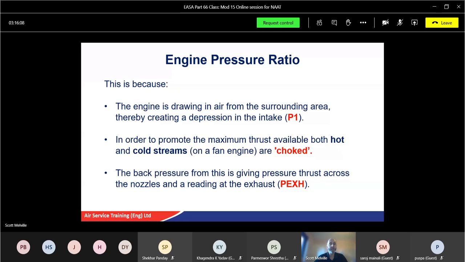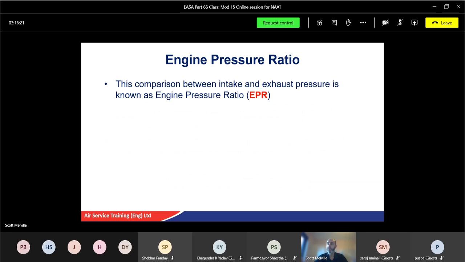So PX just stands for pressure exhaust. That's the back pressure. You're creating pressure thrust from a choked condition, like we saw a few days ago. That's your pressure ratio, the comparison between intake and exhaust.